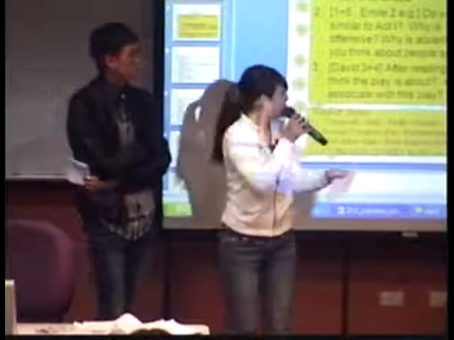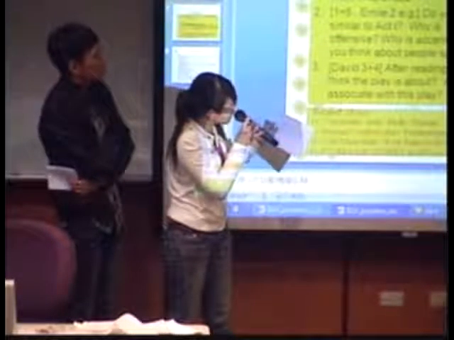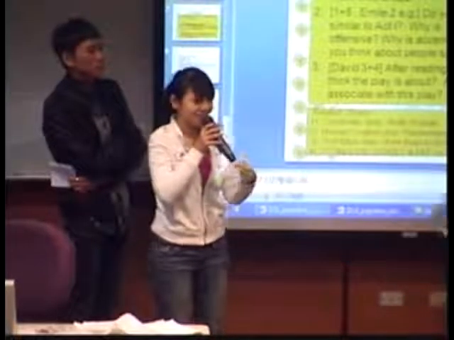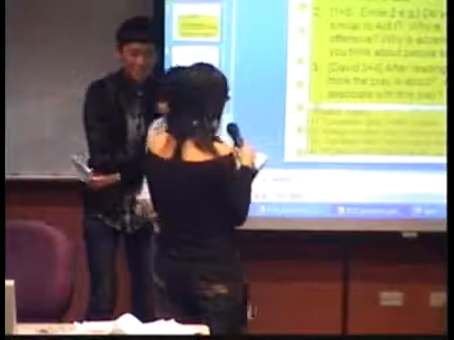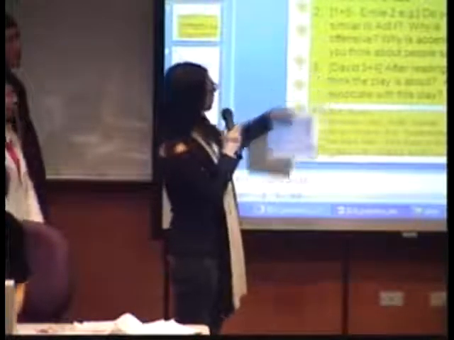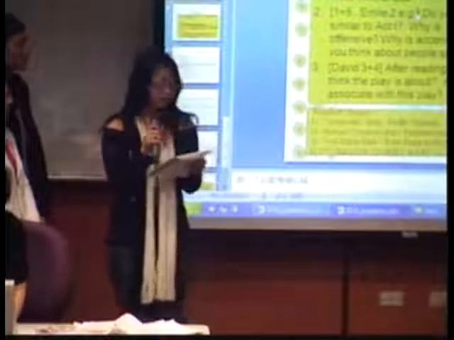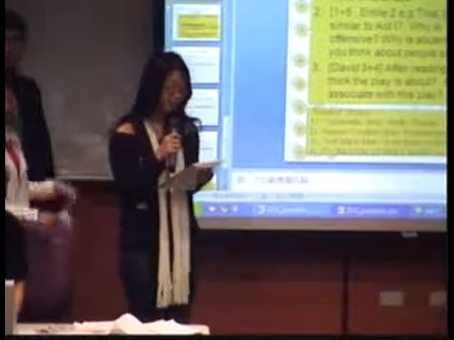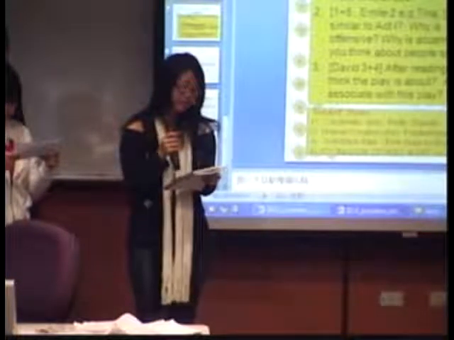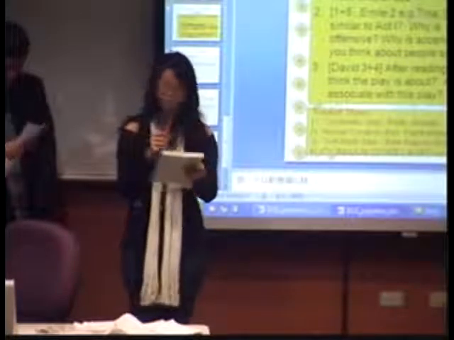Okay, now I want to move on to the questions. Okay, I'll answer the second question and the third one. Why is the note taker offensive? I think Higgins is offensive because he disliked Eliza's accent, and he thinks that English should have a universal accent, which is the Queen's English.